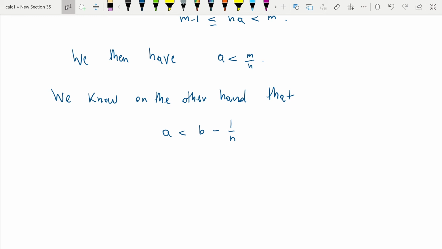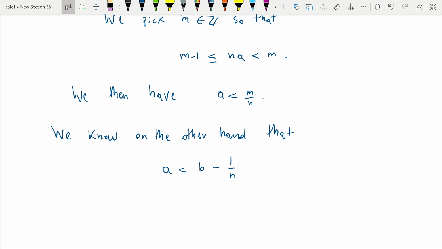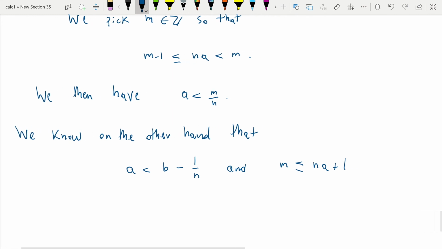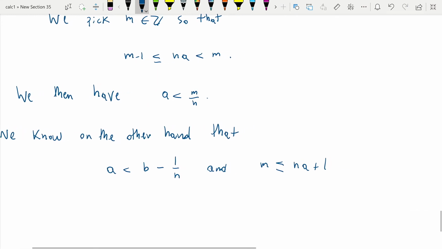And we already know that also because of this inequality, and that m is less than or equal to na plus 1. Okay, but na is less than what?